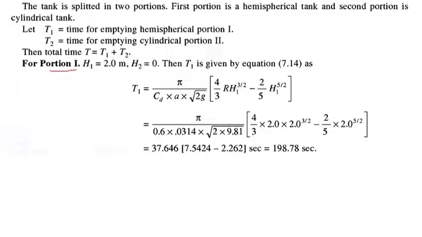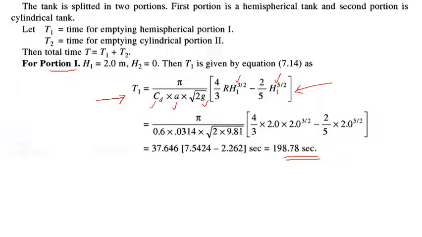Then T1 is given by the equation for time for emptying a hemispherical tank. So here we know CD, we know A, which is the area of the orifice. Then we know H1, and G also is known to us. So we can find out T.